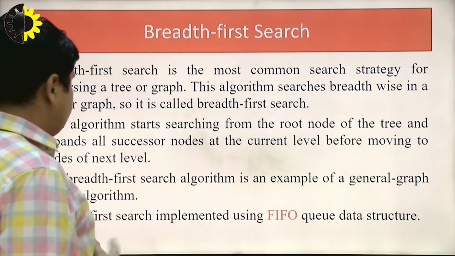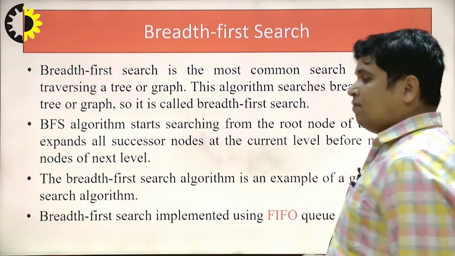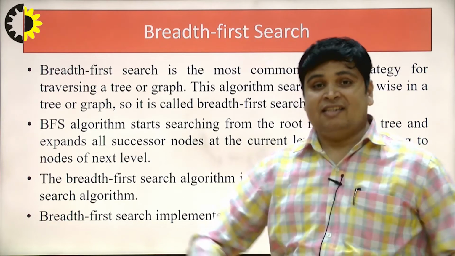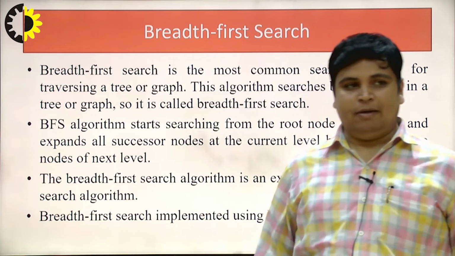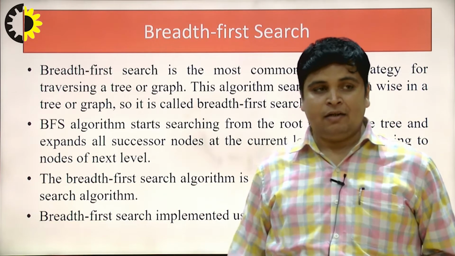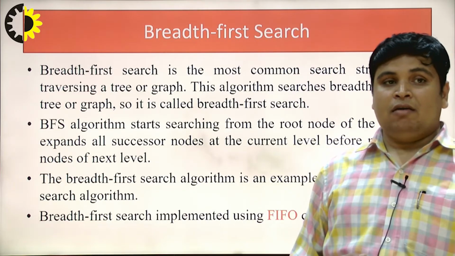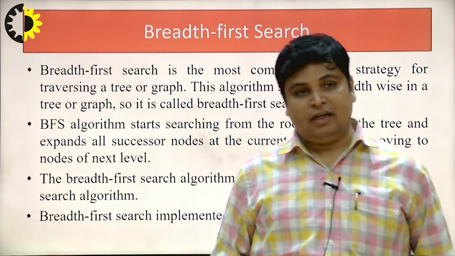Third, the BFS algorithm starts searching from the root node of the tree and expands all successor nodes at the current level before moving to the next level. I will explain it. And the BFS algorithm is always an example of a general graph search algorithm.